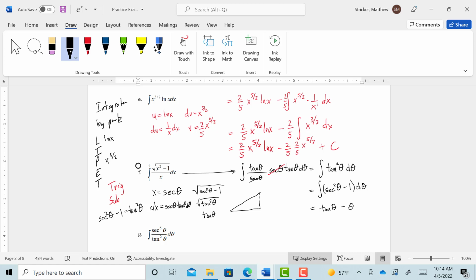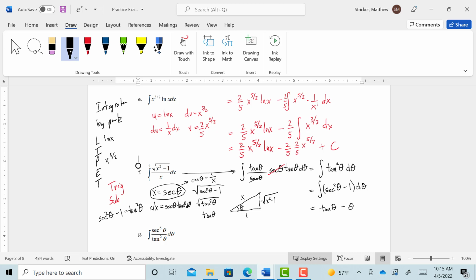We know that secant theta is equal to x, and so the reciprocal of that would be cosine theta, and the reciprocal of x is 1 over x. So cosine theta, that's adjacent over hypotenuse, is 1 over x. Then this side over here is going to be the square root of x squared minus 1.